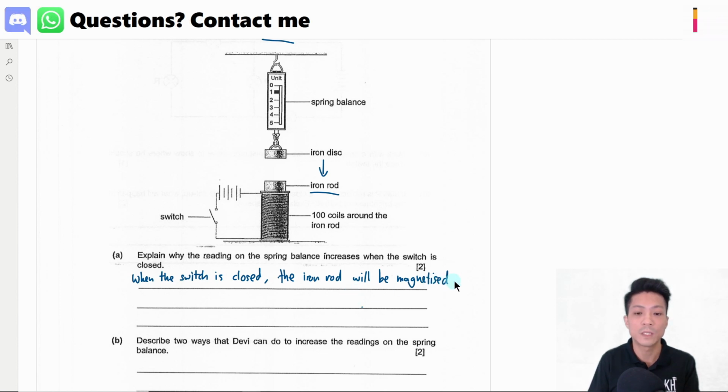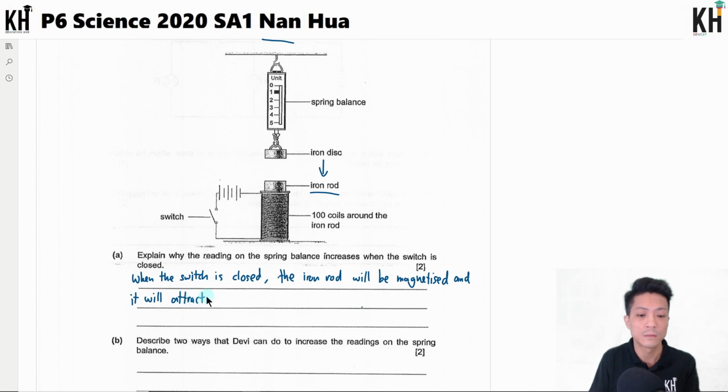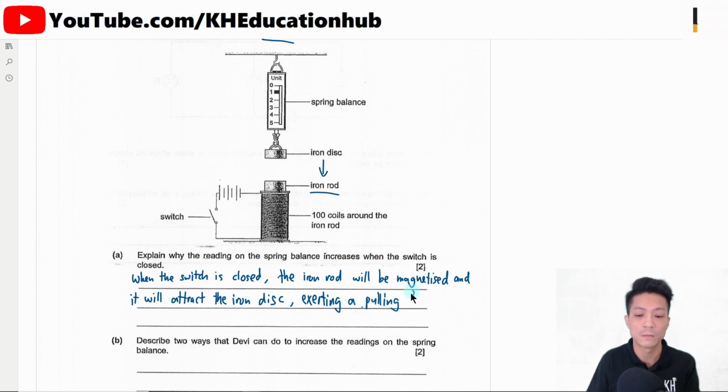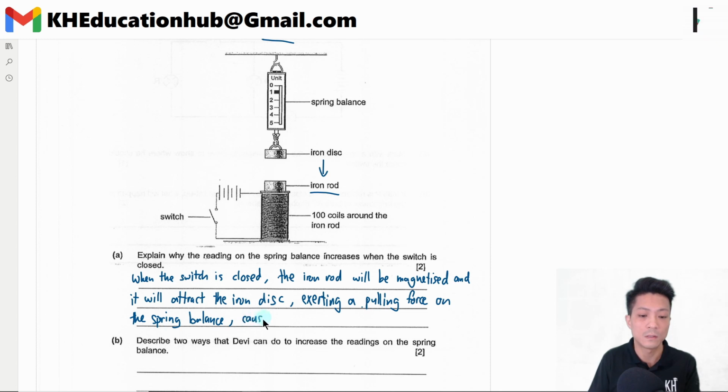So the iron rod will be magnetized, and it will attract the iron disc, exerting a pulling force on the spring balance, causing the reading to increase.